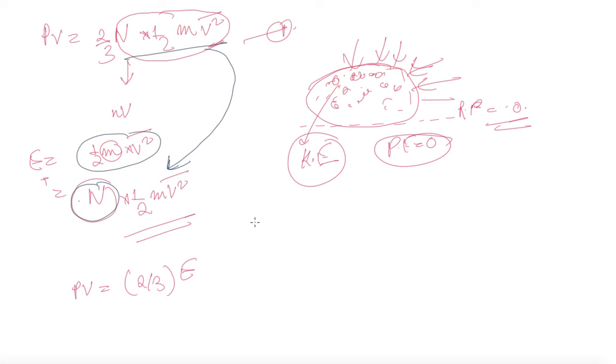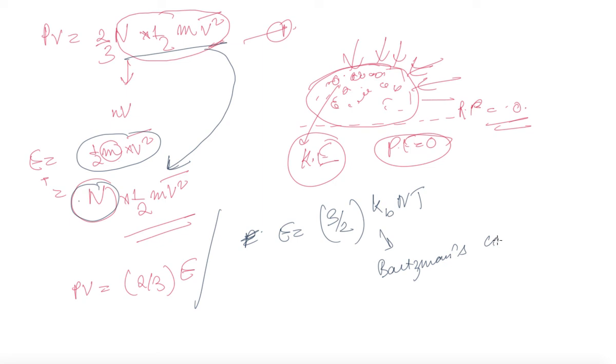And also we know that initially in our calculation, if you look at the previous slide, E is equal to 3 by 2 into Kb into NT, where Kb is the Boltzmann's constant.